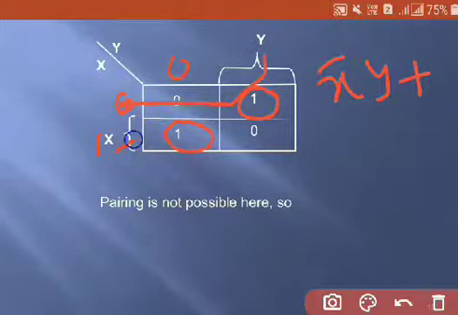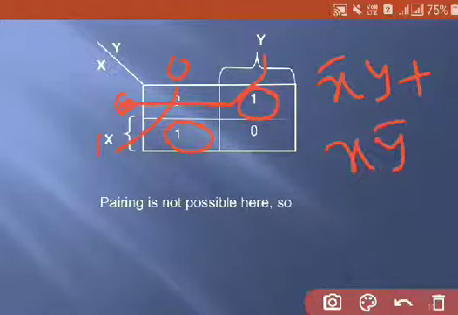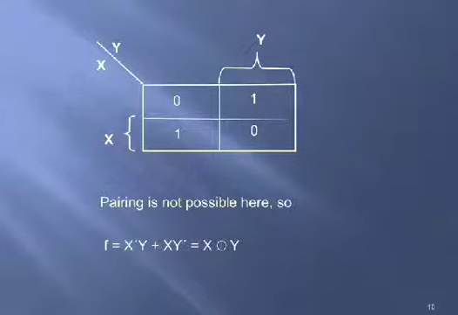It will be x y bar. So this itself is the expression f. Since pairing is not possible here, f is equal to x bar y plus x y bar, which is equal to x exclusive OR y, which is the truth table of the exclusive OR gate.